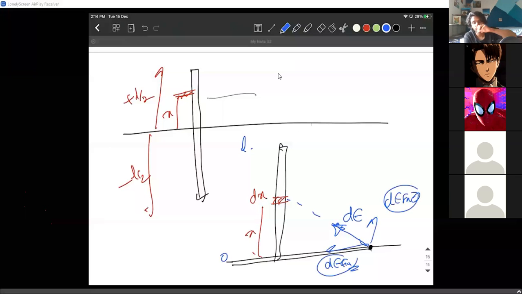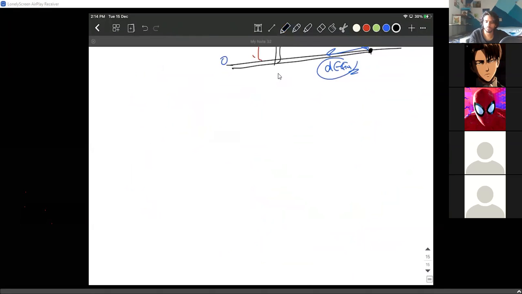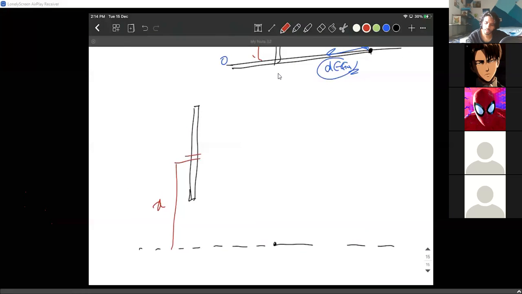Sir, and one more doubt. What if the rod is at some angle? Like the rod is here and the point is here. What I do is I take this as the base level only. I measure x from this point to some element dx.